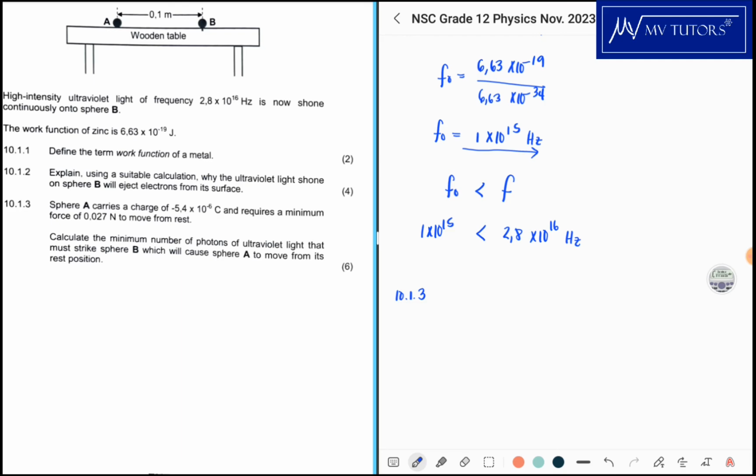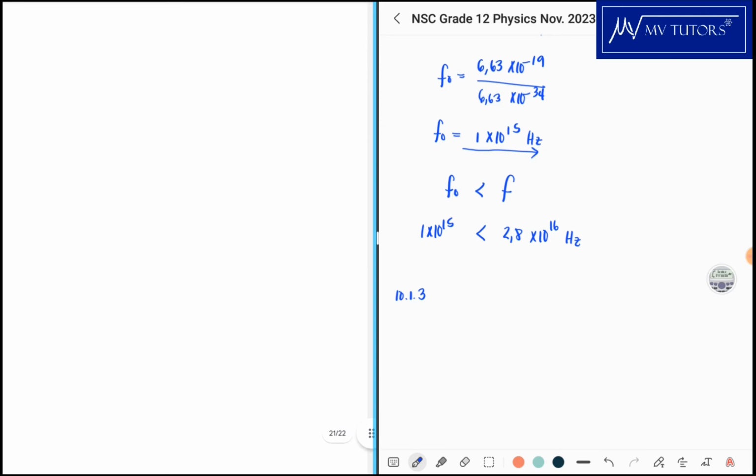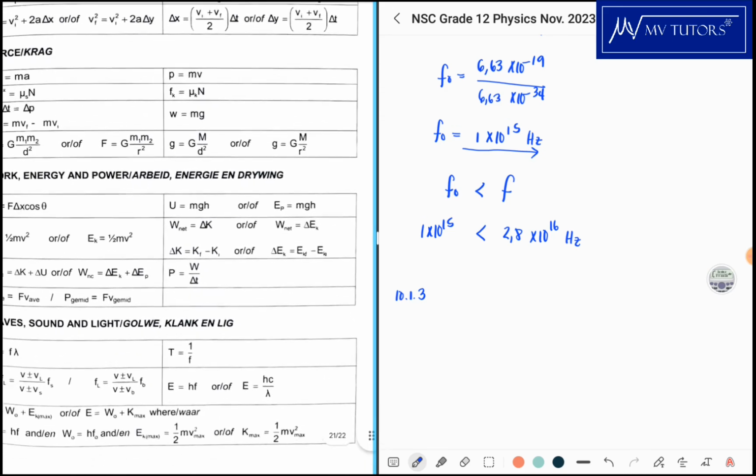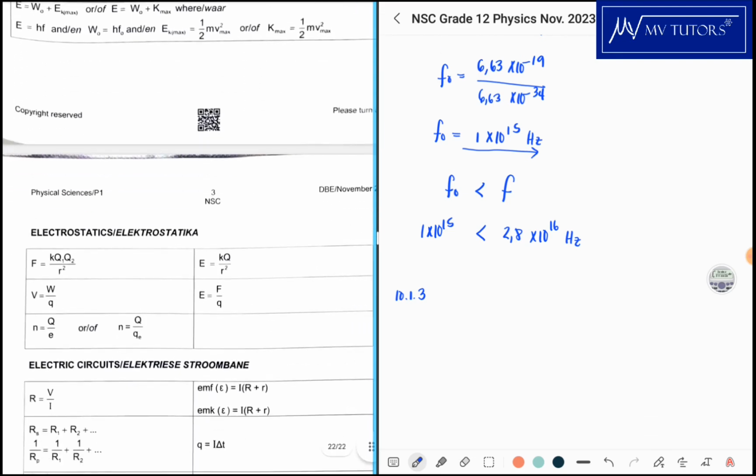Remember, photons are electrons that carry photoelectric, or that have, yeah, photoelectricness to it. So we're dealing with electrons over here. Okay, so let's look. Can we calculate the number of electrons? We should be able to. There should be a formula. It would be charge over the charge of an electron. There it is.